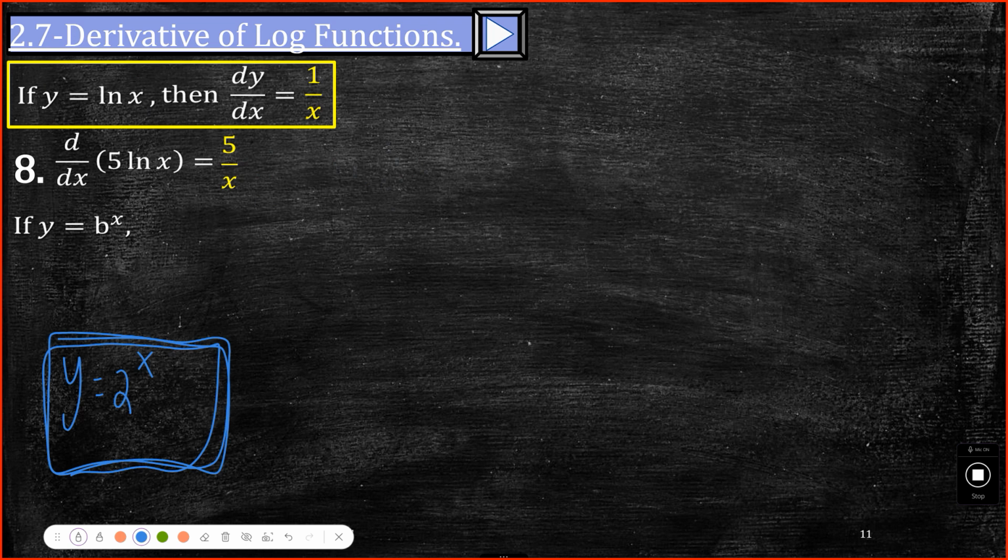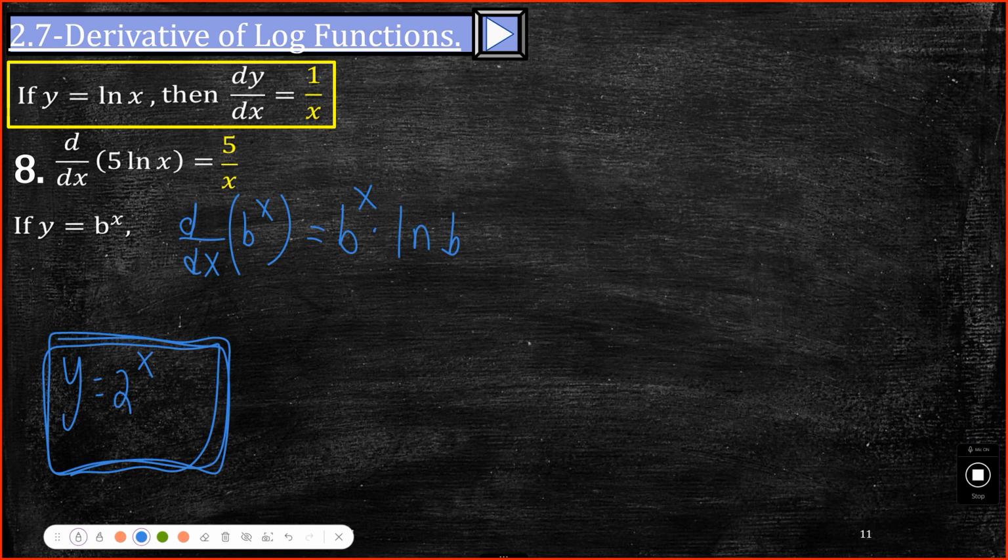It'll just be b to the x times ln of b, the base.